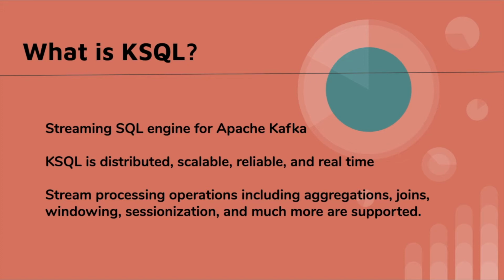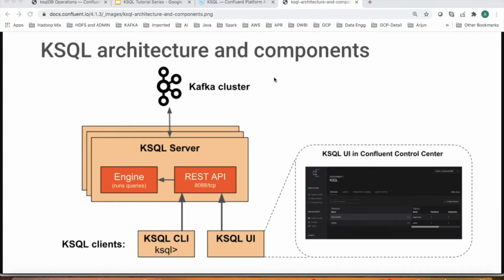Okay, now let's talk about KSQL architecture. This is the high level KSQL architecture. We have a KSQL server here that is integrated with the Kafka cluster. The Kafka cluster is nothing but the set of brokers which actually stores our data.